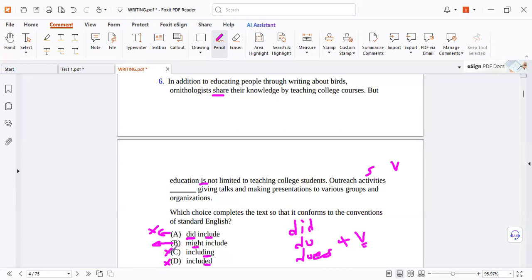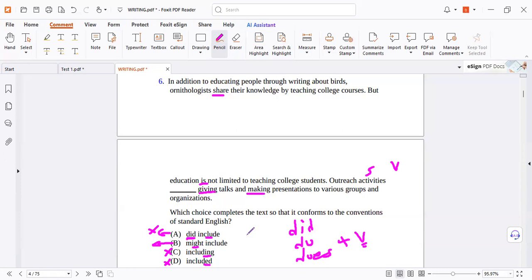But perhaps you are confused about parallelism. The parallelism is here between given and making, not between the verb and the rest. So we need a verb. It's not about possibility or not. It's about verb and the tense. Do we need past or present or not? Catch it?